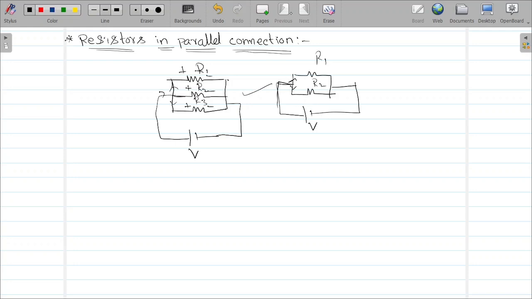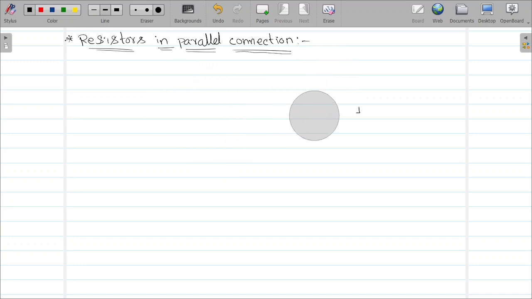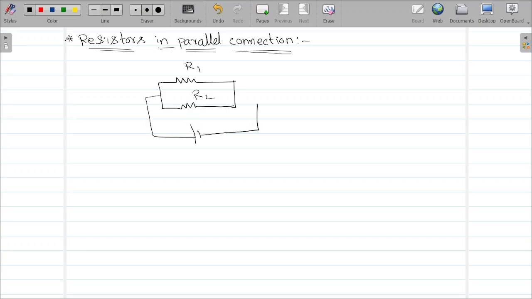Okay, got it now? Now I am going to discuss two resistors in parallel. Both are connected in parallel. This is one resistor of resistance R1, and I have another of resistance R2. Both are connected to the source of potential V. Now let us assume the current I is passing through.